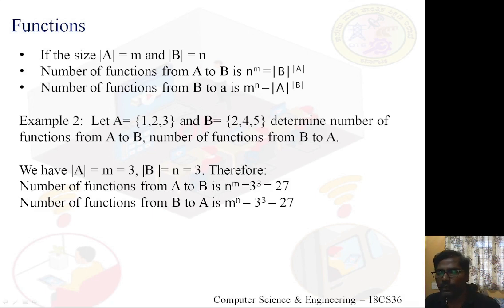I repeat, for each element of set A, there are n ways of choosing an element of B as an image. Got it? Since there are m elements in set A, applying the product rule, we are going to get n power m functions from A to B. Clear? So now let me have a look at an example.